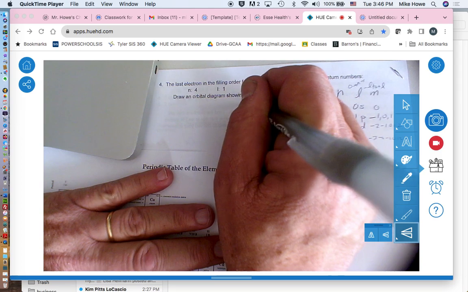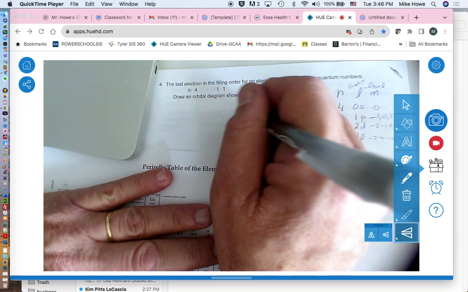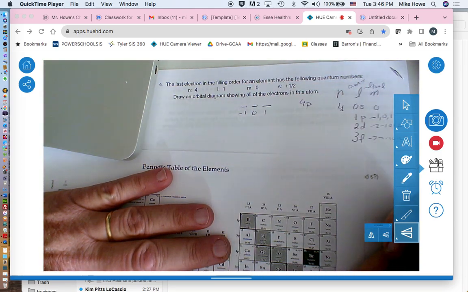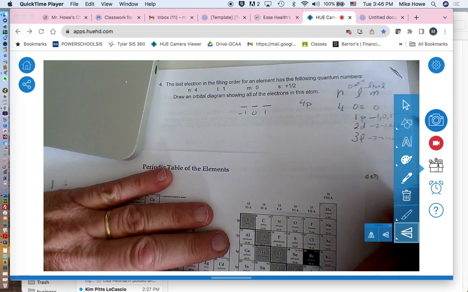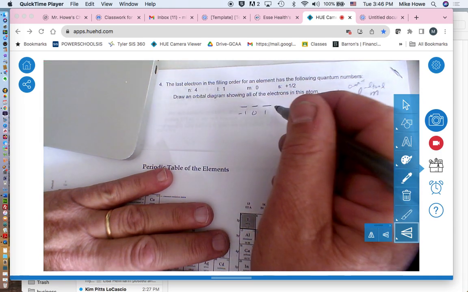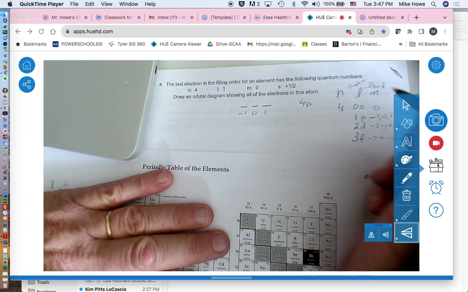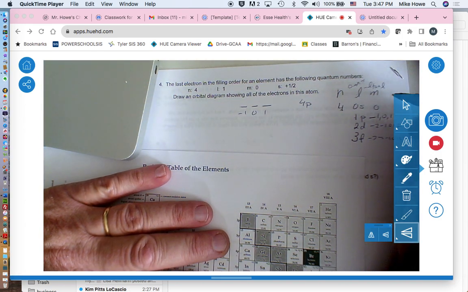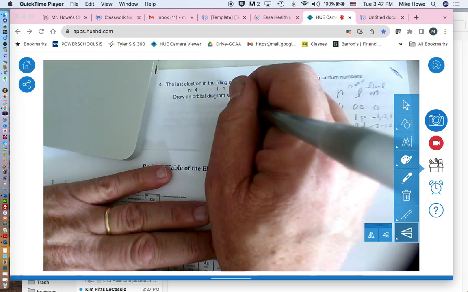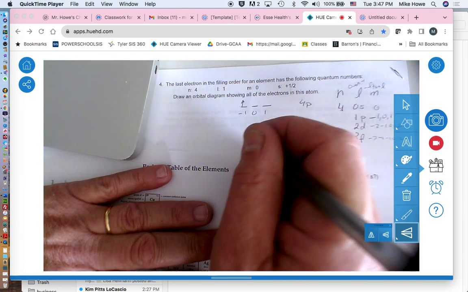I'll write the 4p orbitals out. Negative 1, 0, 1, and we said by convention we're going to start negative and go to positive. And the s value is positive 1/2. The s stands for the spin. So for each one of these values of m, there are 2 s values, positive 1/2 clockwise, negative 1/2 counterclockwise. So in this case it's positive, and we said by convention we're going to put electrons in clockwise first.